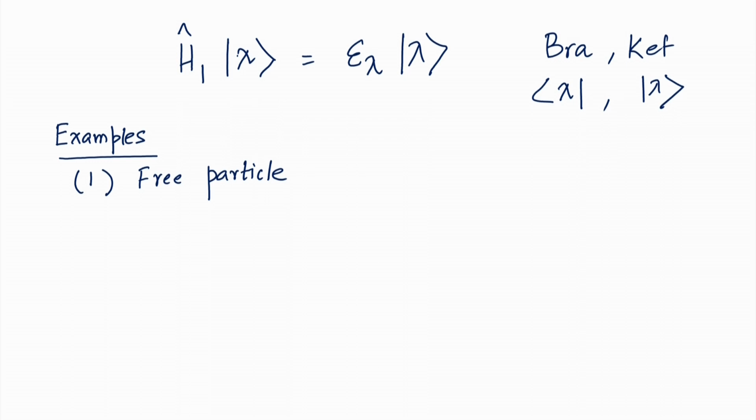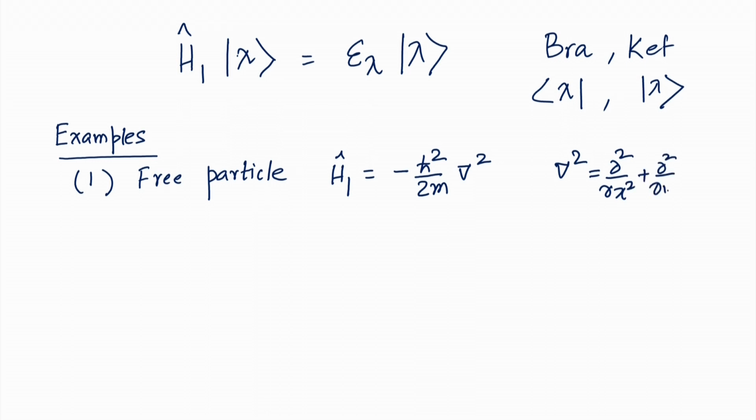The one particle Hamiltonian is minus h cross square over 2m, where h cross is the Planck's constant h by 2 pi, m is the mass of the particle, times the Laplacian, which in the Cartesian coordinate system has the form del square del x square plus del square del y square plus del square del z square.